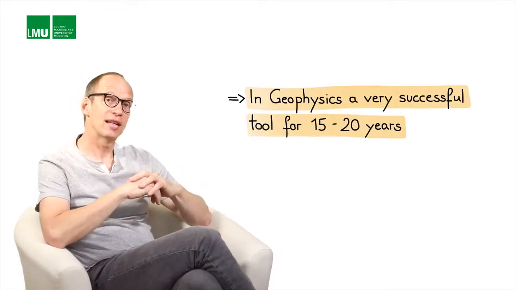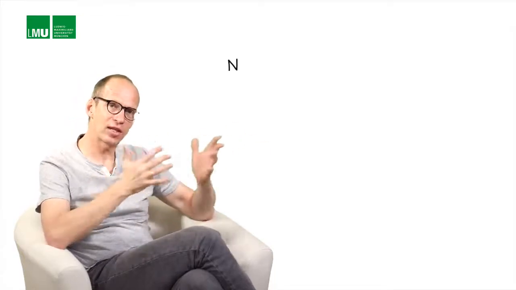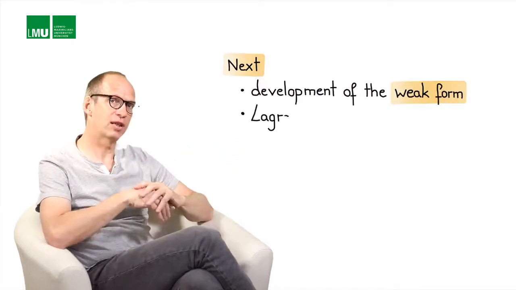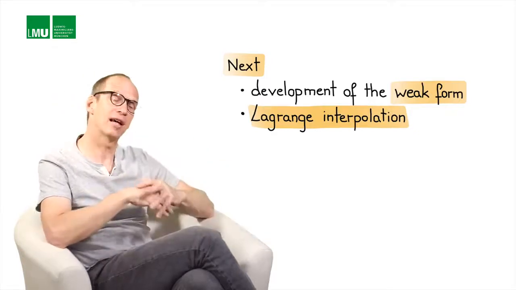So let's go into the maths. Basically, the spectral element method is a flavor of the finite element method with specific basis functions inside the element. But to make this week and the topic self-contained, we'll start again from scratch, develop the weak form, and then we need the concept of Lagrange interpolation for our wave field inside the elements.